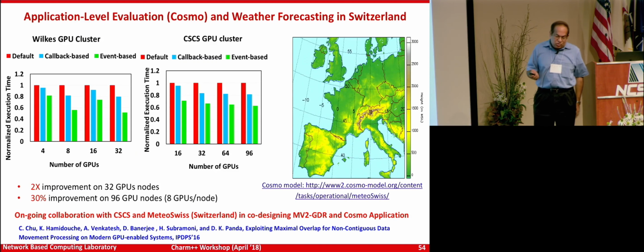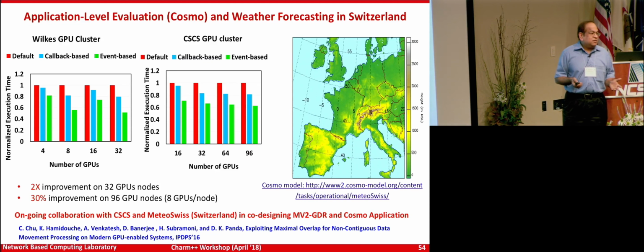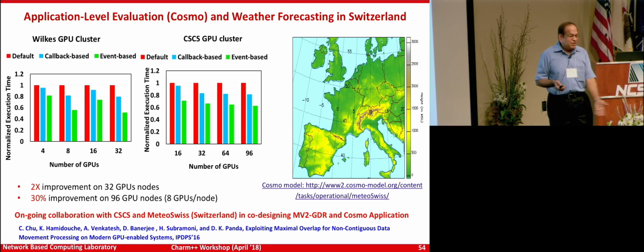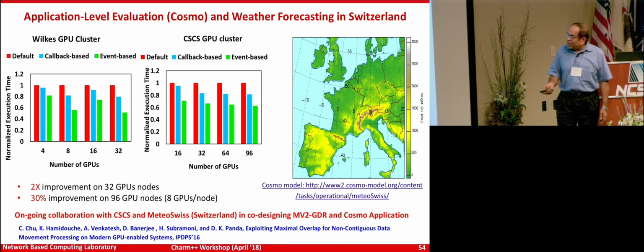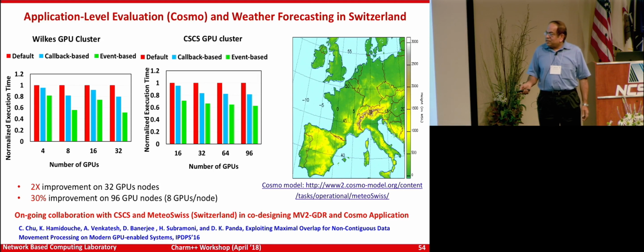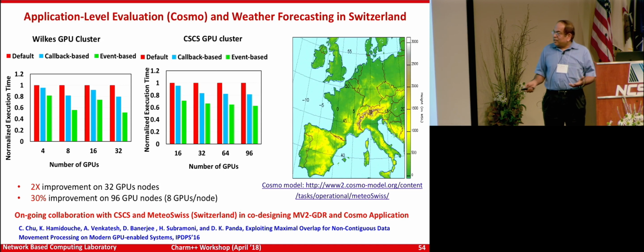But this is the most showcase example. If you have been to Switzerland or want to go, in fact I was there and just came back. The entire Switzerland's weather forecasting, just like on our iPhone, we are driving them. We have a 3-way collaboration between CSCS, the Swiss National Supercomputing Centre, where there is a large cluster, and MeteoSwiss, their weather forecasting organization.